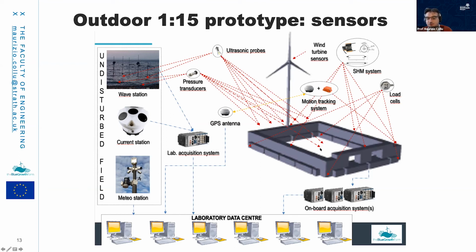Importantly, there is an array of ultrasonic probes and pressure transducers inside the wave energy converter chambers in order to check how they work, but also measuring the wave elevation, the water surface elevation inside the pool, because that will allow us to know how much the water moves inside the pool, so how much the fish growing in this area will be stressed, if you want. Everything is sent to the nearby shore, where there is a data center lab, where we record and post-process the data.